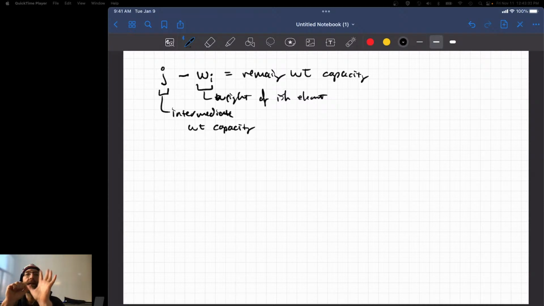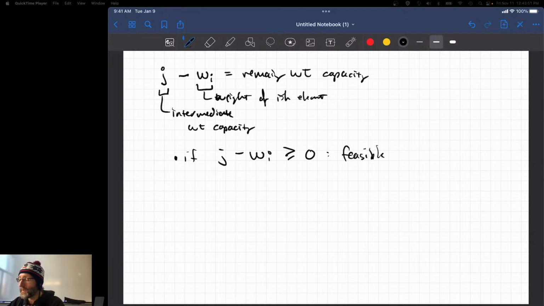Nope, because 5, my weight capacity, minus 10 would be negative. Right? So if j minus wi is greater than or equal to 0, then it is feasible to do so. Otherwise, if j minus wi is less than 0, it is not feasible.